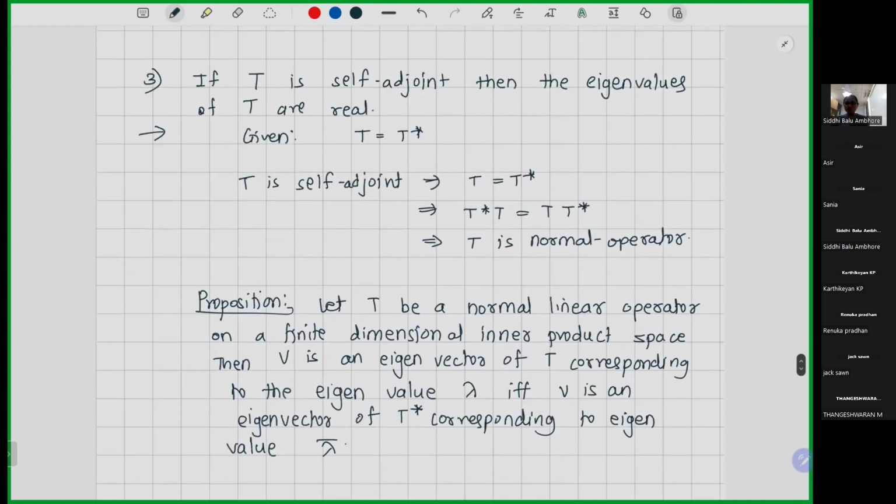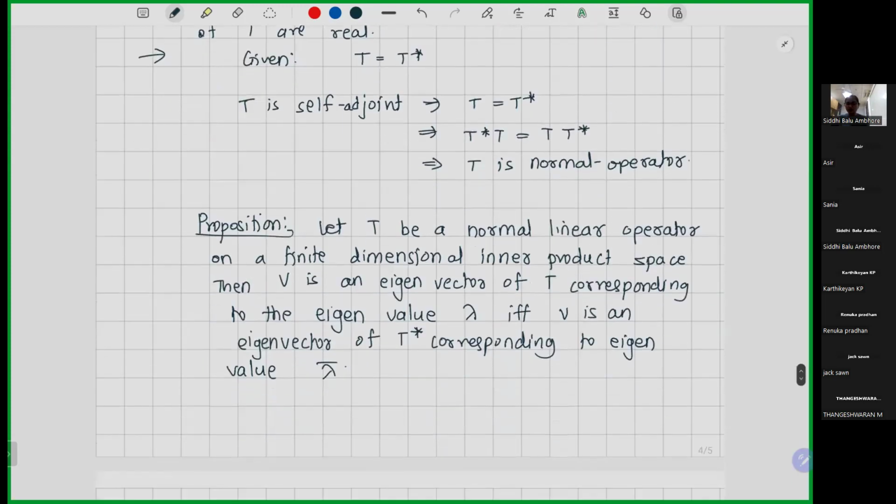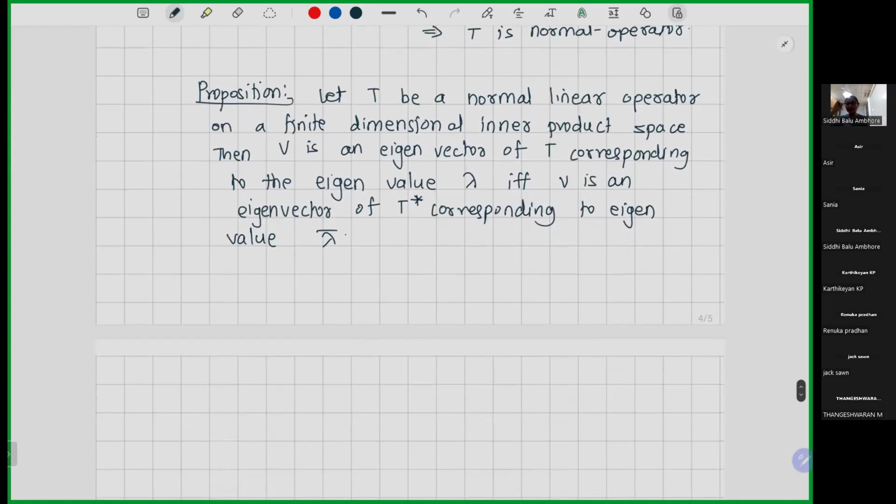So we are given that T is a normal operator, and if lambda is an eigenvalue corresponding to eigenvector V, then V is again an eigenvector of T star, that is the adjoint of T, corresponding to eigenvalue lambda conjugate or lambda bar.